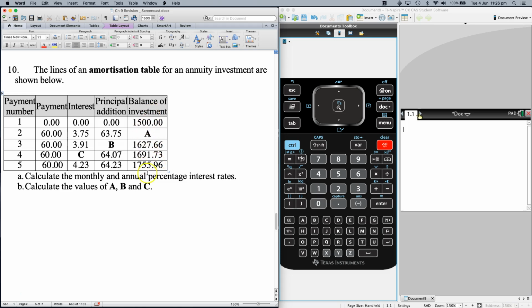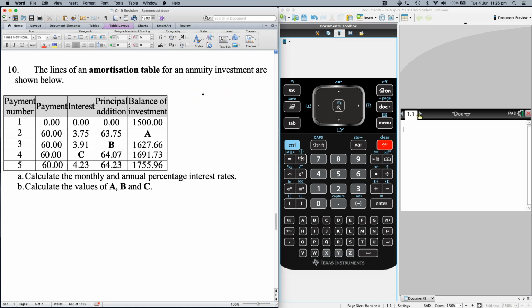This balance of investment can't be increasing if this was a principal reduction. So that's just a typo in your question. So don't worry too much about that. This is an annuity investment, and that means that the balance is going to keep growing because not only is it earning interest, there's also regular payments being made to increase that balance.